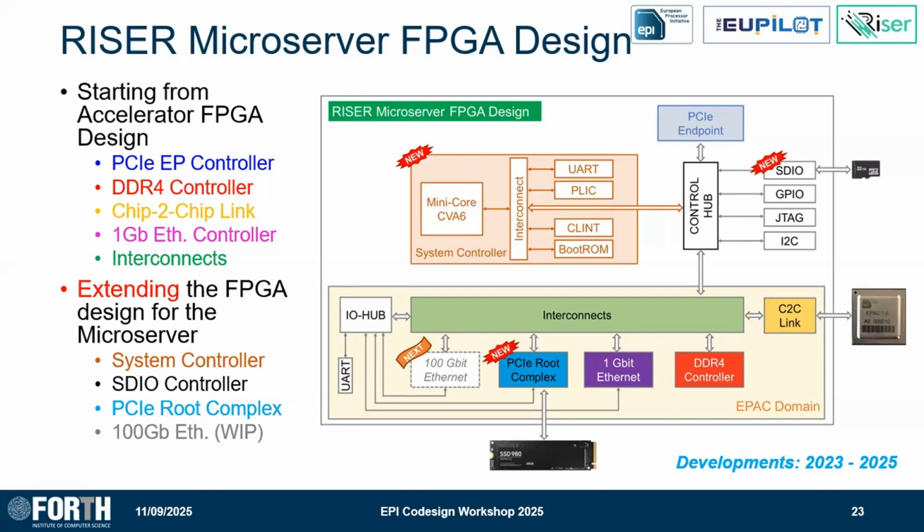So getting from this to a microserver, we would say that we don't need an external host. The host is this mini core, the CVA6. It's a mini system controller, very similar to the fabric controller that exists in the IO tile of EU Pilot. It's not the same, but similar concepts.